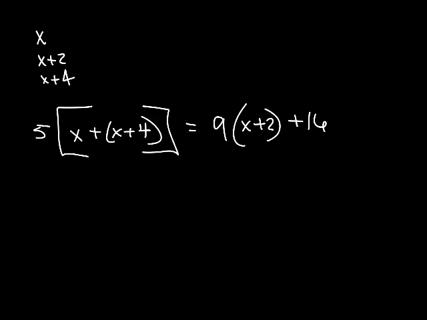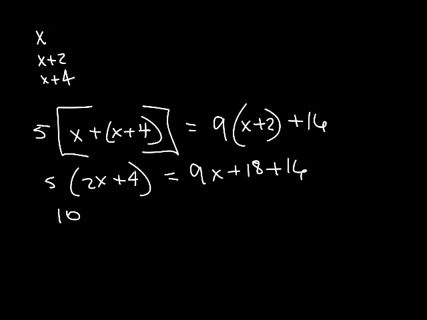Then we just go ahead and do our math. 5 times 2x plus 4 equals 9x plus 18 plus 16. So that gives me 10x plus 20 equals 9x plus 34.